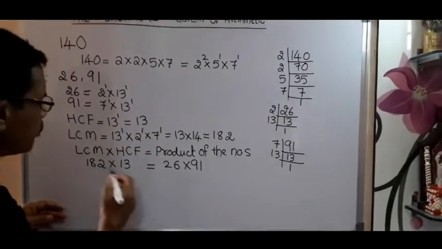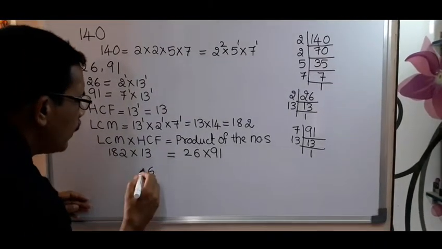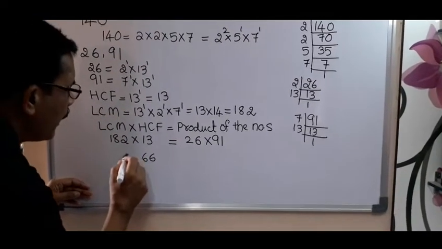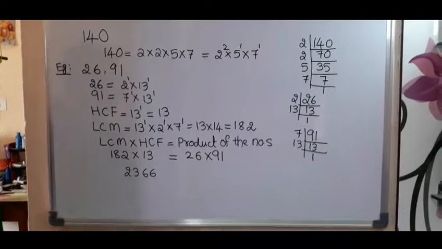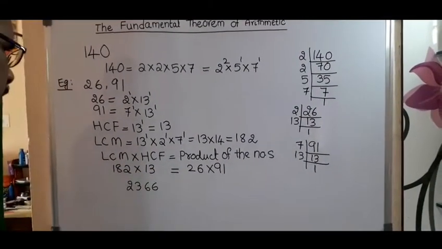We will see. 13 2s are 26, 13 8s are 104 plus 2 is 106, 10 is carried, 13 1s are 13 plus 10 is 23. 2366. The product of LCM and HCF is 2366.